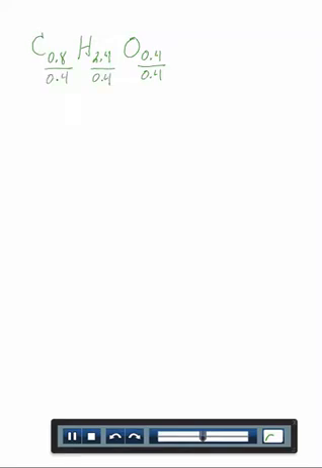And as long as we divide each number by the same, we're not changing the relative amounts. So we have carbon 2, H6O1. So that is our empirical formula. That's the simplest whole number ratio for our molecule.